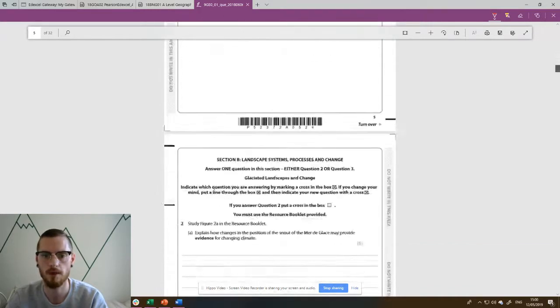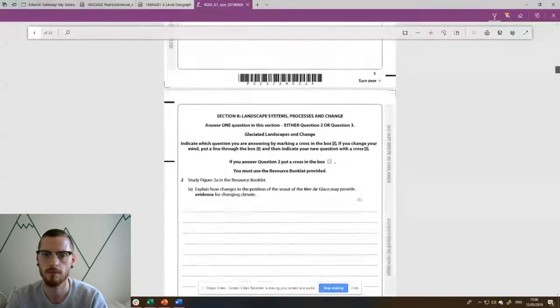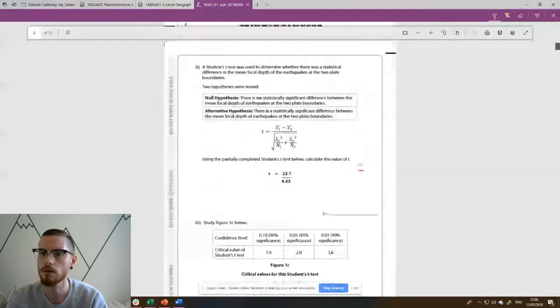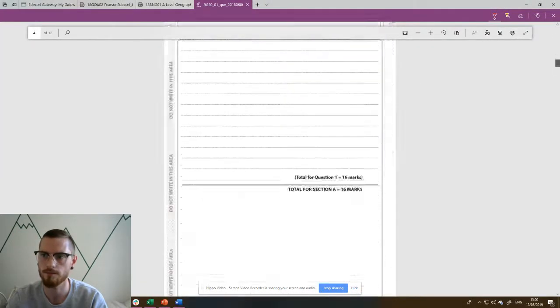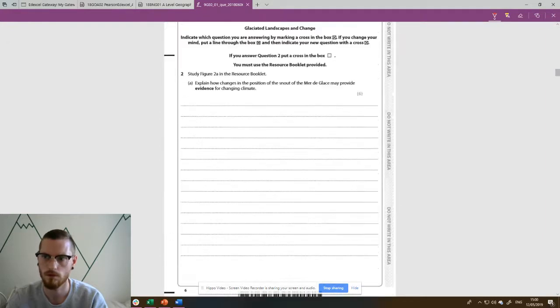We'll keep going through the paper, and we will come to the glaciation section, which you don't answer. Glaciated landscapes and change. You're not answering any of that.